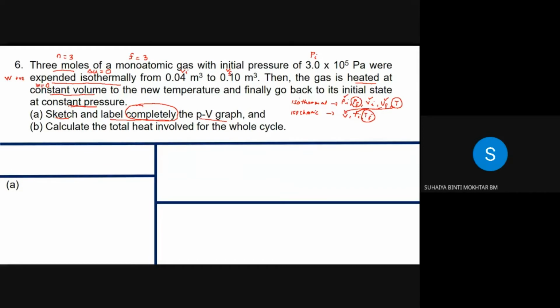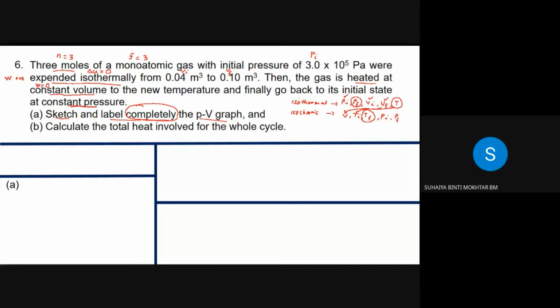Then how about P? P initial and P final for isochoric. You must determine P initial and P final.